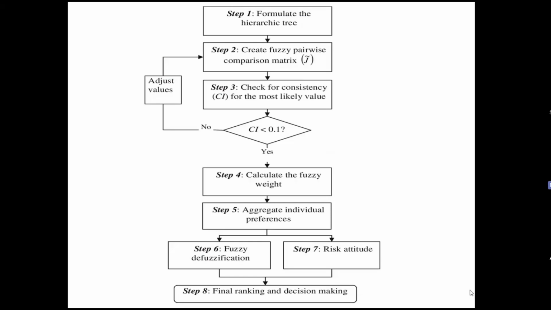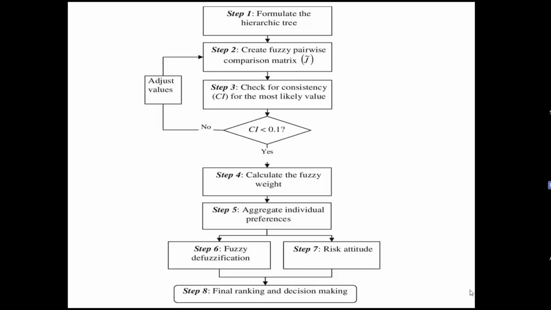This is the procedure we have. First, arrange our factors in a hierarchical tree, which we can call the hierarchical AHP model. In step 2, we create the fuzzy pairwise comparison matrix, and in the third step, we check for consistency for the most likely value. If the results are consistent, then we proceed to our next step.